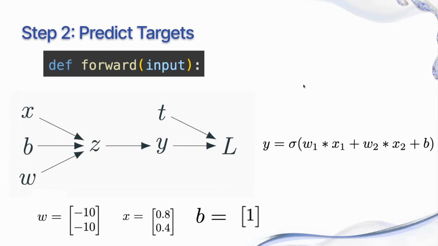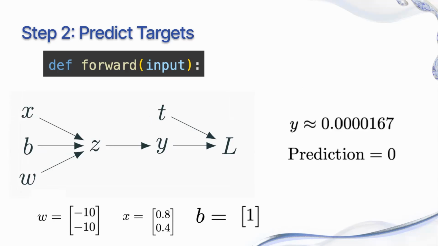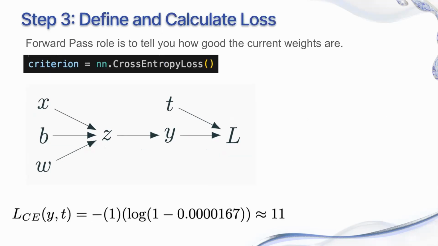Again, y is the sigmoid of our weighted sum. If we plug in all these values, we find that y is approximately 0.00167, and based on what we learned before, our prediction would be 0, even though the class label is 1.